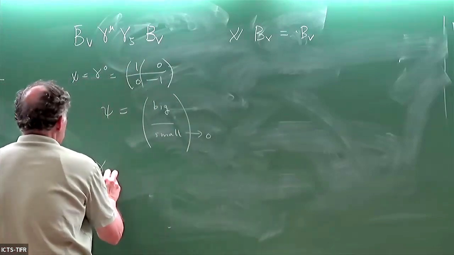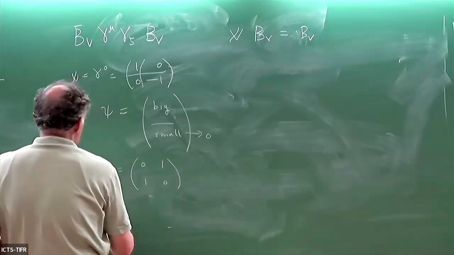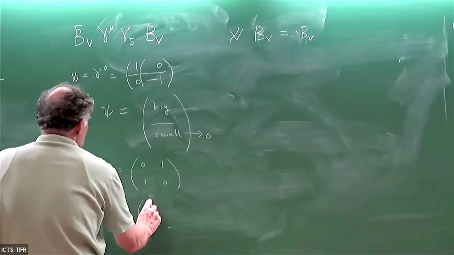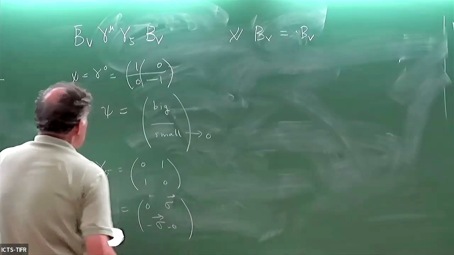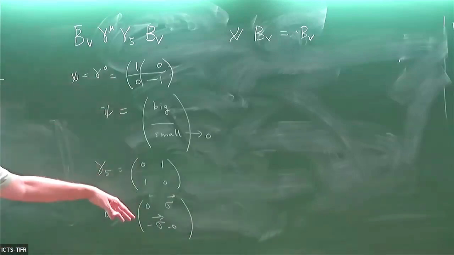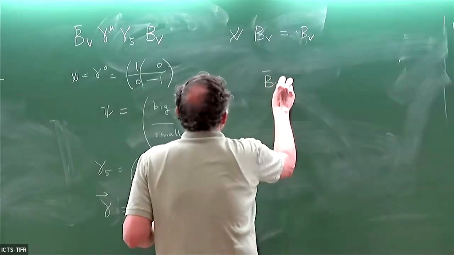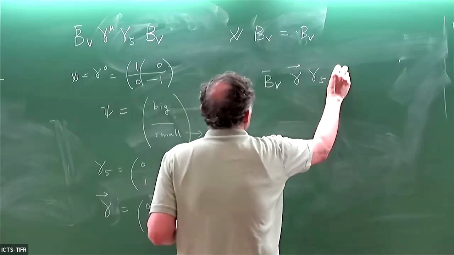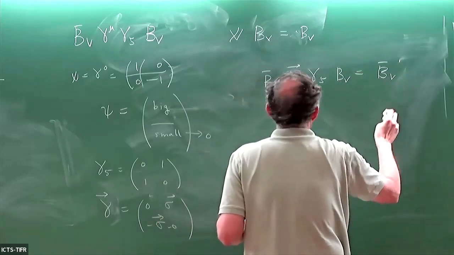And in this notation, gamma 5 is 0, 1, 1, 0. And gamma vector, I think, is 0, sigma vector, minus sigma vector, 0. And here's gamma 0. And if you just work through it, you will see that B bar V gamma vector, gamma 5 B is the same thing as B bar V.